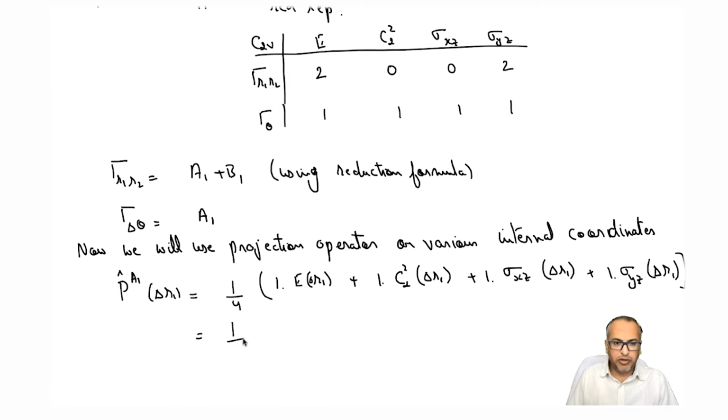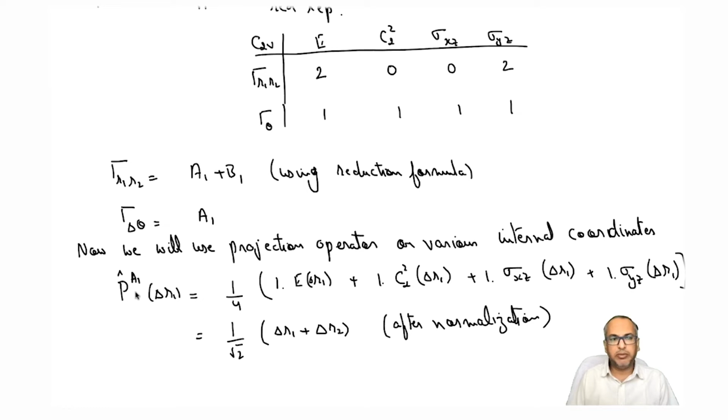This gives me 1 by root 2, after normalization, delta R1 plus delta R2.